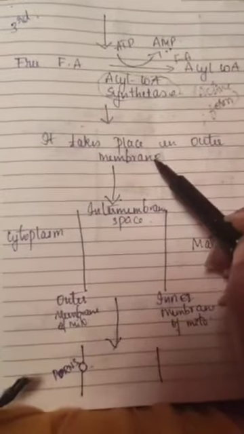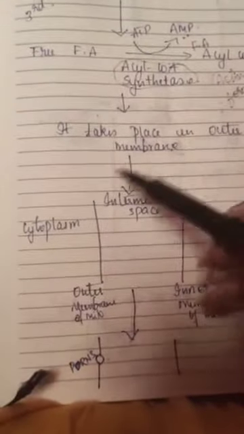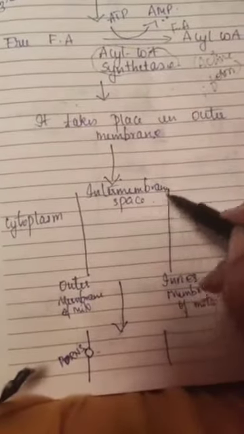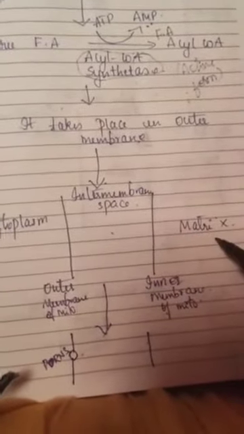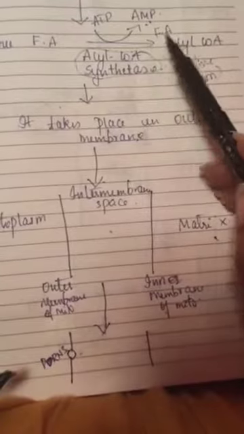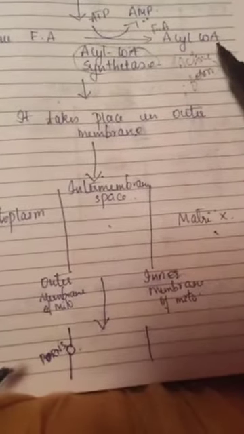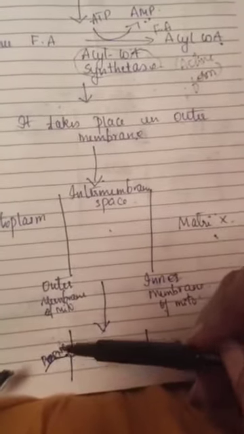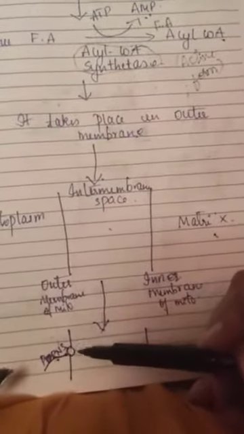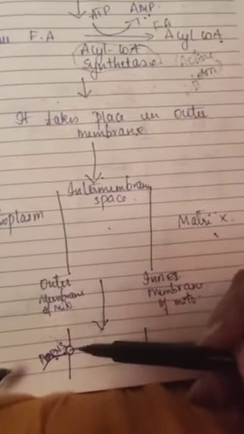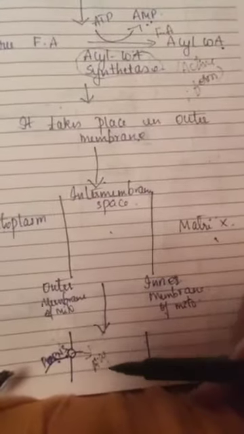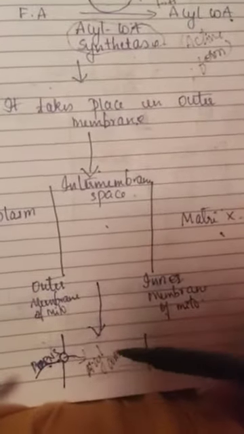So when it is in the active form, what will happen? Assume there is the cytoplasm, outer membrane, inner membrane, an intermembranous space, and here the matrix. Once the fatty acid acyl CoA is formed, by the action of porins, the acyl CoA will enter the intermembranous space.